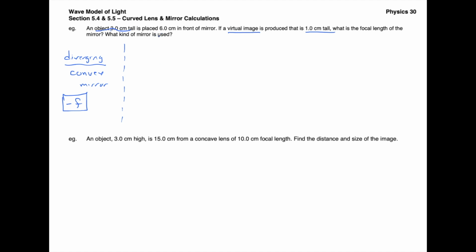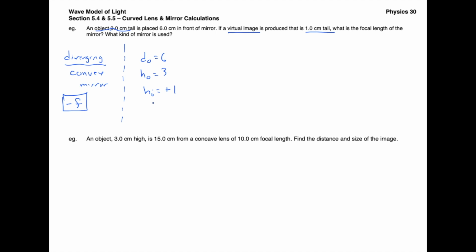So we have then the 6 centimeters, that's the distance away from the mirror, so that'll be my do, will be 6. My height, my HO, is going to be that 3 centimeters, and then my HI is going to be that 1 centimeter. And because it's a virtual image, it's upright, and that one then will be a positive 1 for that value here. And so what we're going to be looking for then is our focal point.